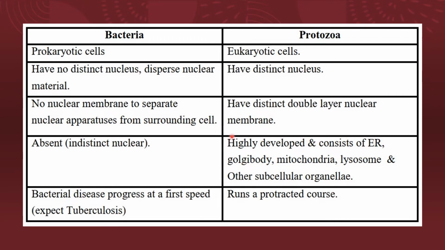For protozoa, they have highly developed and organized organelles such as the ER, the Golgi, the mitochondria, and the lysosome, whereas the bacteria lack these features. The infection caused by protozoa runs a protracted or prolonged course, while the bacterial disease progresses at a fast speed.